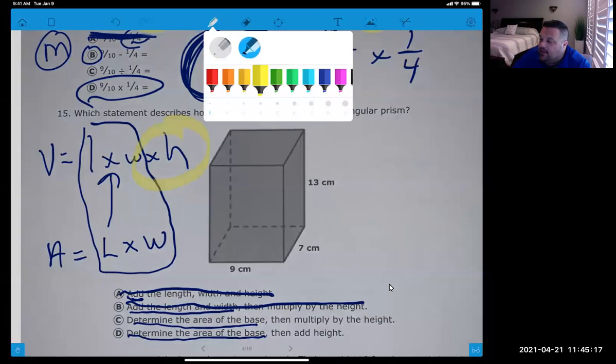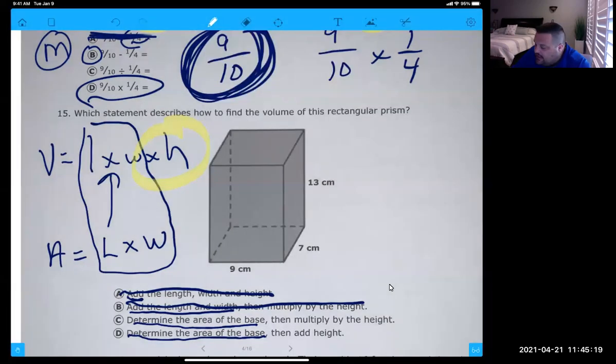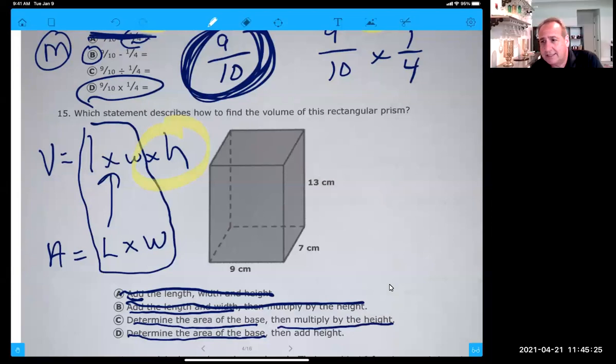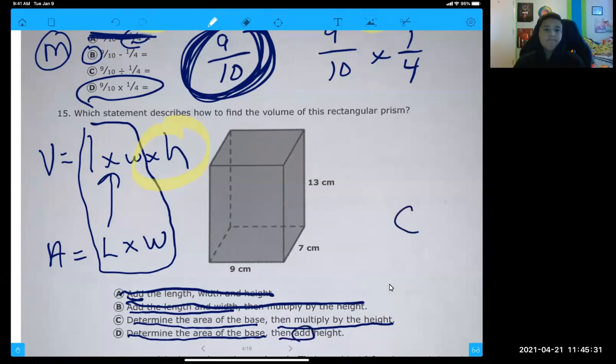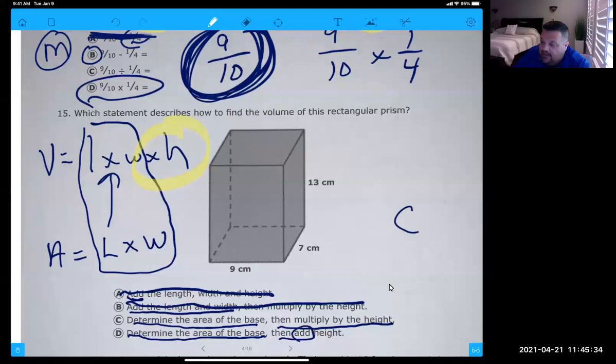So let's look back at our choices. C says then multiply by the height. That's probably it, right? Let's see what's wrong with D. What does D say? Add. Nope. So your answer for that one would be C, and we made it. This is considered an easy problem on the FSA test, so you got to get this one.